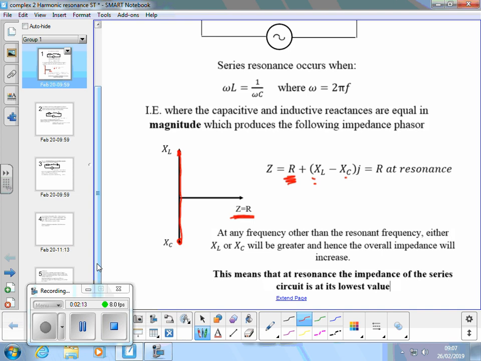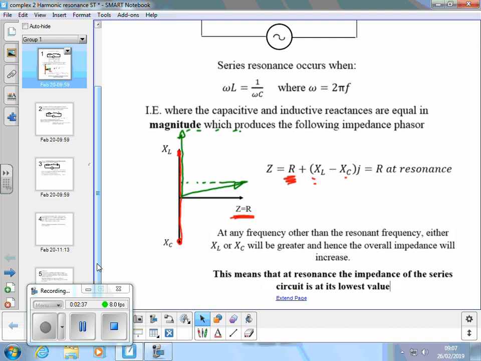Because the instant one of these two takes over, XL becomes bigger, we end up with a resultant in there that means more impedance. We go the other way, we end up with more impedance going.